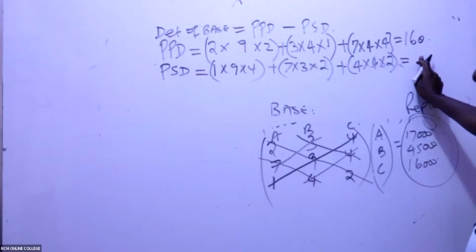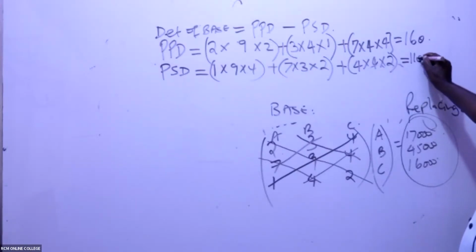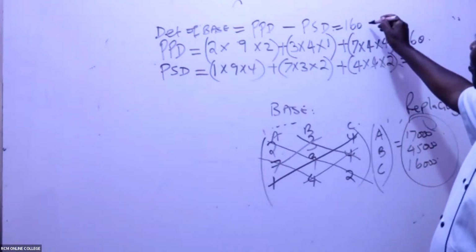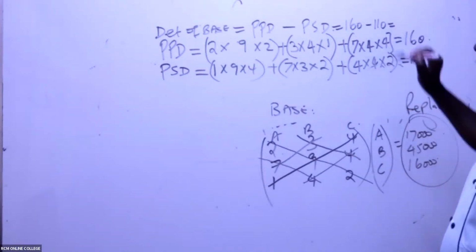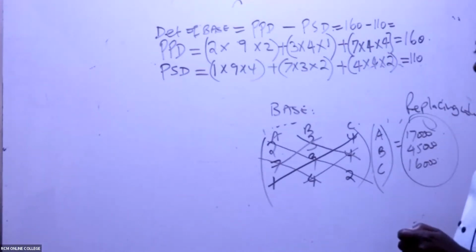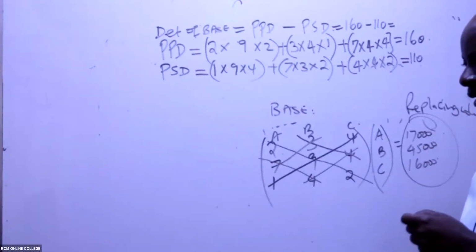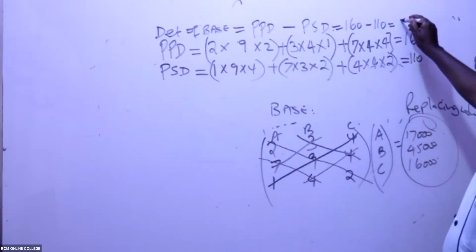What figure are we able to get here? 110. So therefore, determinant of the base, it will be 160 minus 110. It is product of the primary diagonal minus product of the secondary diagonal. So 160 minus 110, that will give us in this case here, 50.